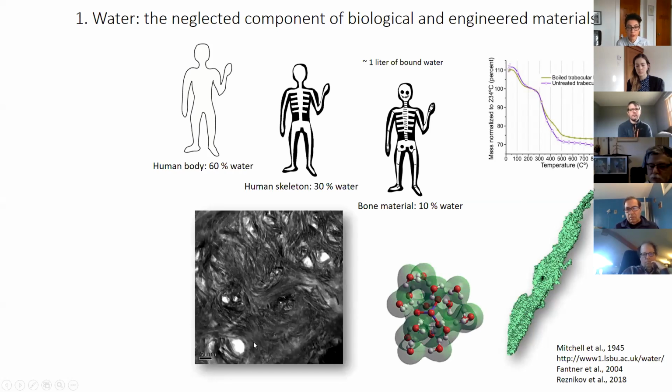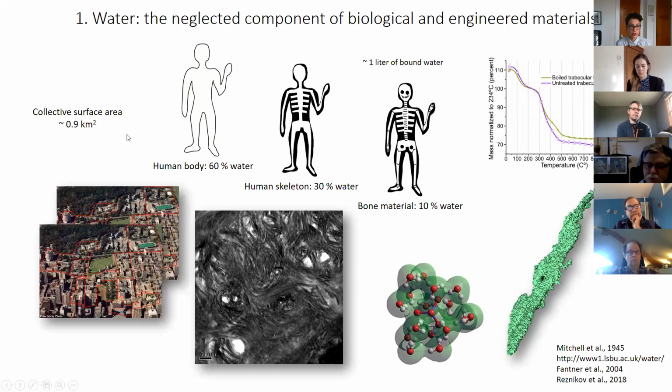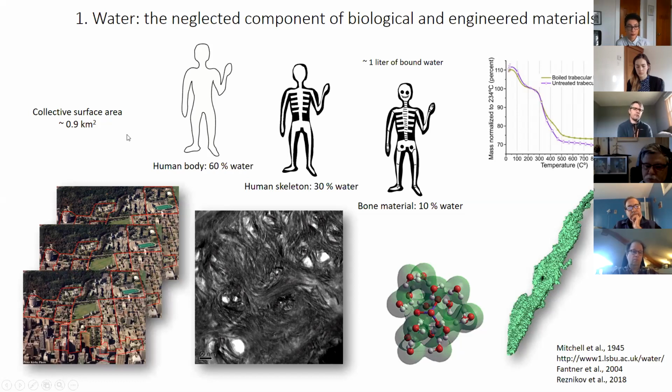And because of the sheer number of these crystallites that are associated with water, if we calculate the collective surface of all the components of bone, we will come up with a terrific number of 0.9 square kilometers, which is about the downtown campus area times 3.